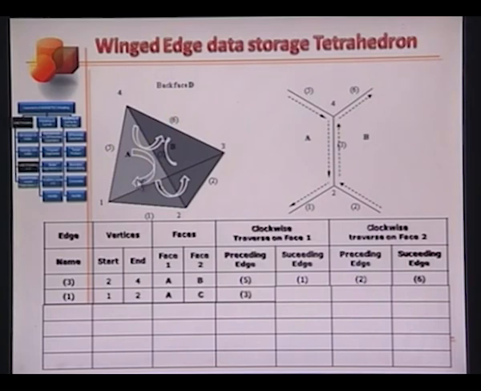The edge that succeeds edge 1 is edge 5. On the bottom face C, note this counterclockwise orientation because this is the rear face. The preceding edge is 4 and the succeeding edge is 2.